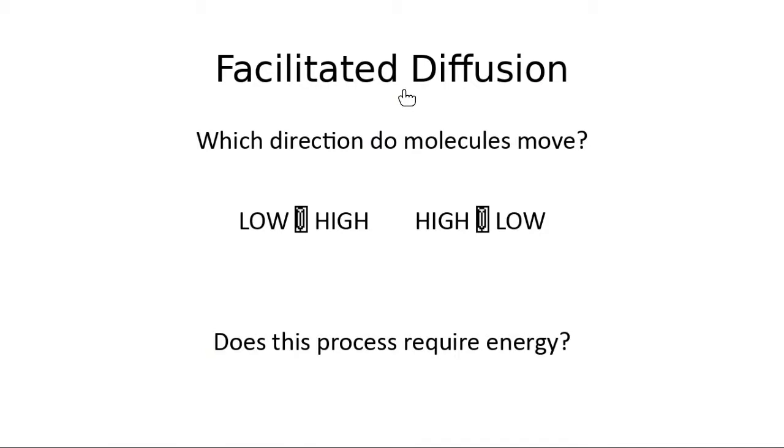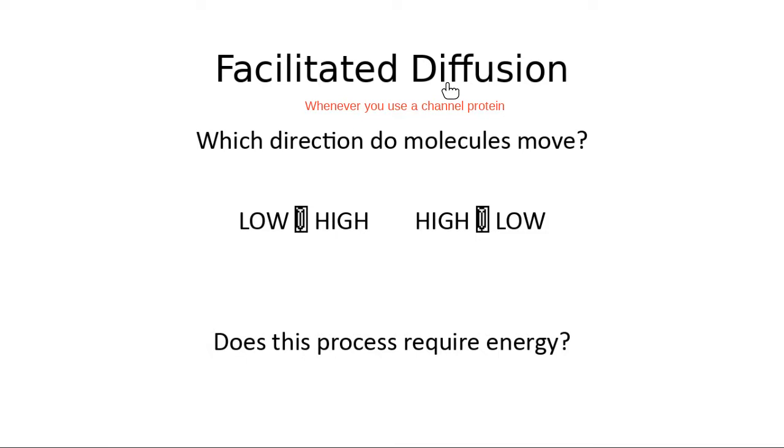When I use a channel protein, here's something I want you to write down for me. Whenever I use a channel protein, I am doing facilitated diffusion. So whenever you use a channel protein, you're doing facilitated diffusion.